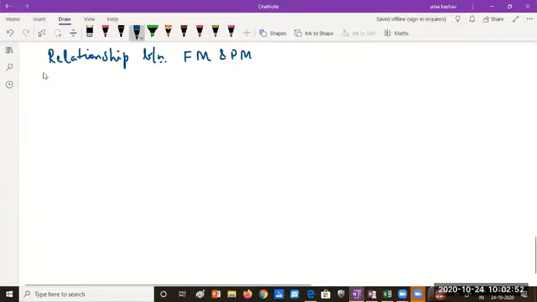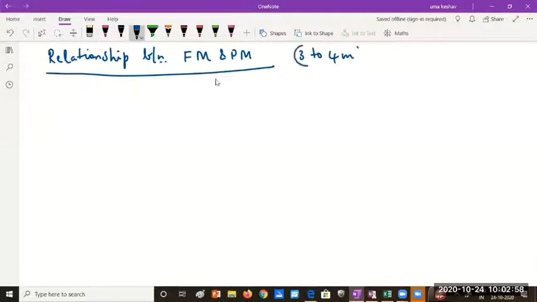This is another important question which will be asked for 3 to 4 marks. Even the previous derivations can be asked for 2 to 3 marks each separately. Phase modulation and frequency modulation, time domain equations. So what's the relationship between FM and PM?